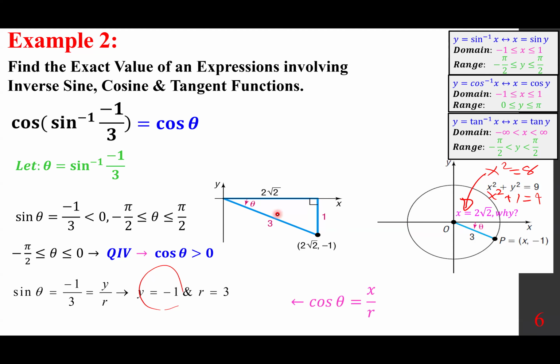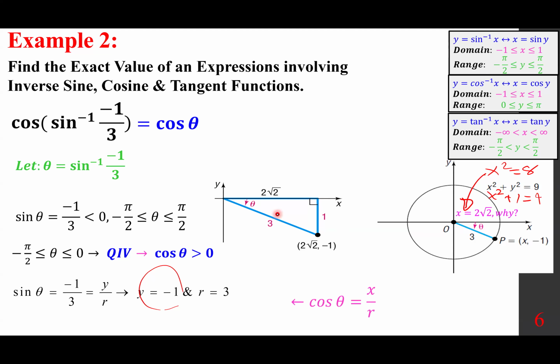Because it's 1 over sine, we go with the restriction on sine, which is negative pi over 2 to pi over 2. So x can't be 0.